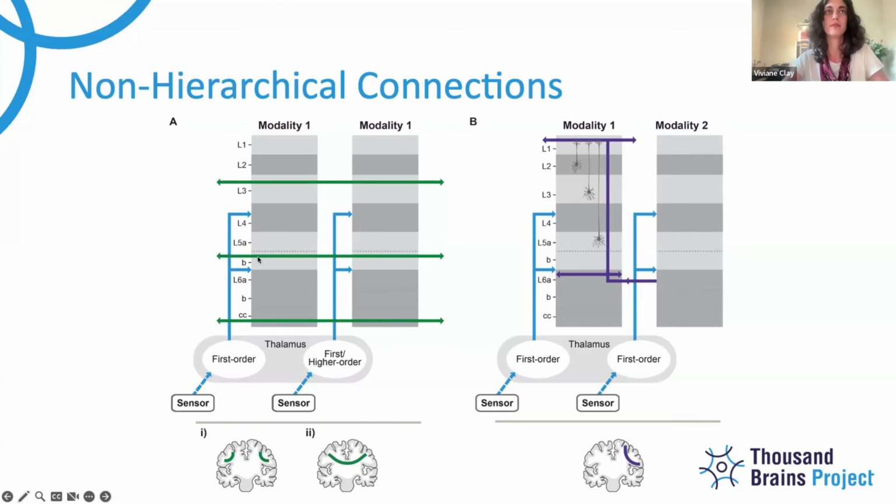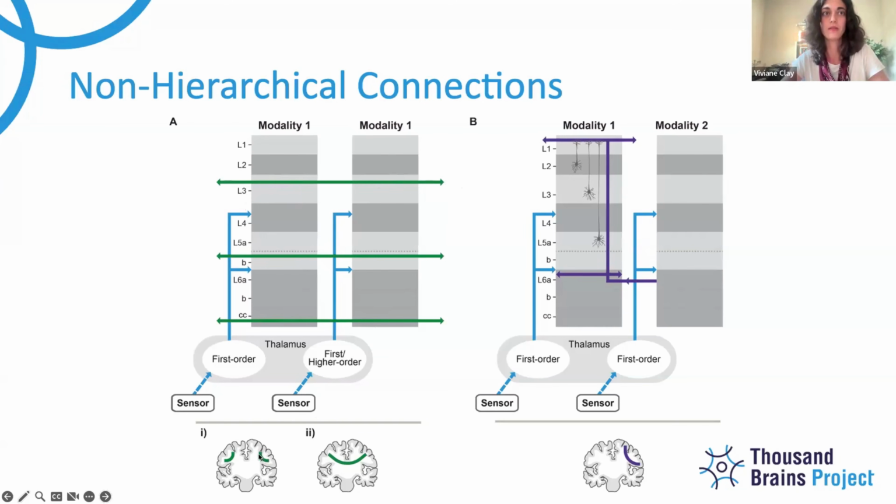And so if it happens within a modality, it often is observed that the connections are between neurons in the same layer. So you can have connections from layer 3 neurons in this column to layer 3 neurons in this column. Same for layer 5B neurons and layer 6 cortico-cortical connections.